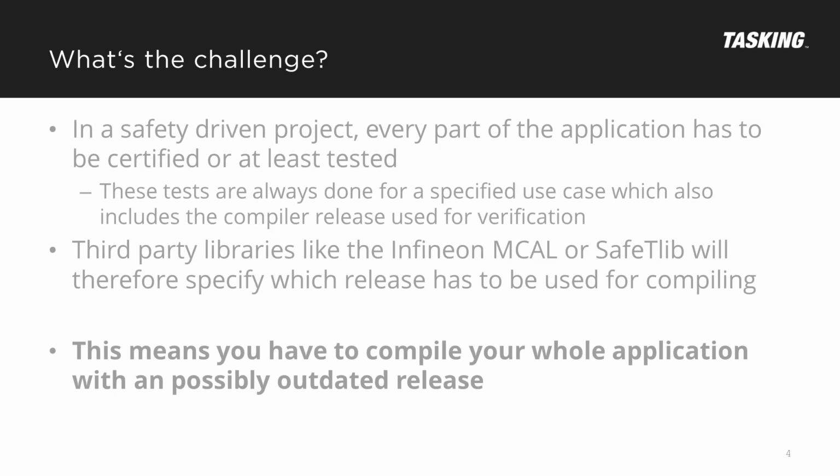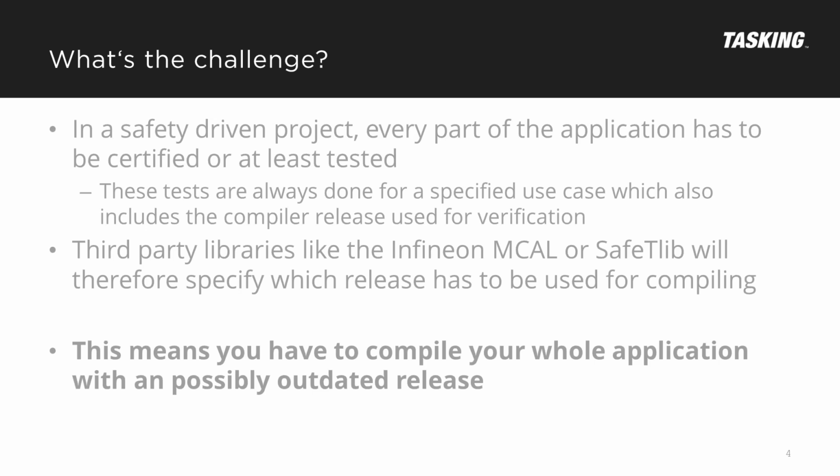Okay, what's the challenge? Why do we need cross-linking? If you have a safety-driven project, every part of your application has to be certified or at least tested. And these tests are always done for a specified use case, which also includes the compiler release used for verification.